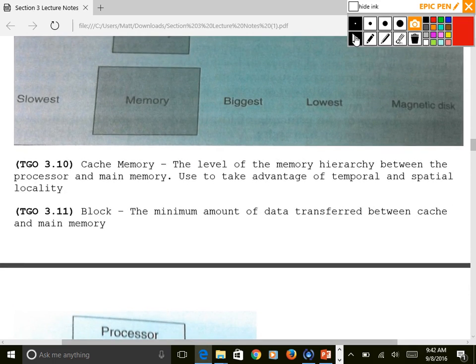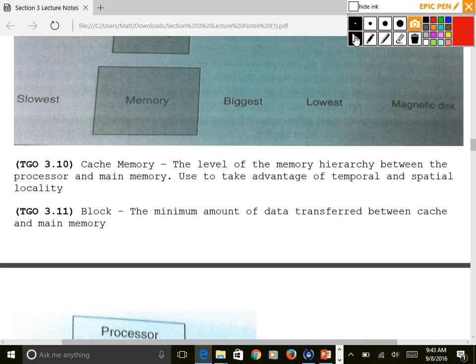That's cache memory. So you're bringing in some from the disk to the cache, and then from there you're doing swaps with your registers, trying to improve the speed as much as possible. So cache memory is defined as the level of memory hierarchy between the processor and main memory, and we use it to take advantage of temporal and spatial locality.